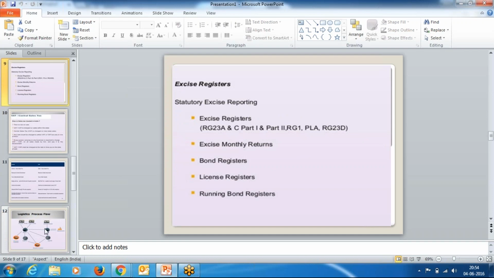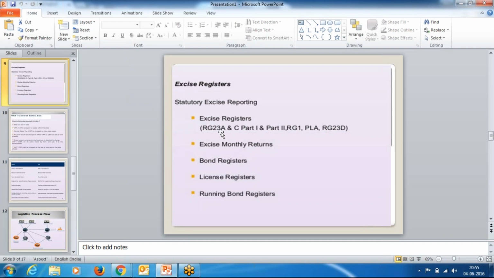Now here are some excise registers. First of all, you'll have RG23A. RG23A and C are two registers used for your incoming goods. RG23A is used for your revenue items, while you use C for your capital items, because as per the government law, you cannot utilize 100% duty in one year if you are purchasing the revenue item.